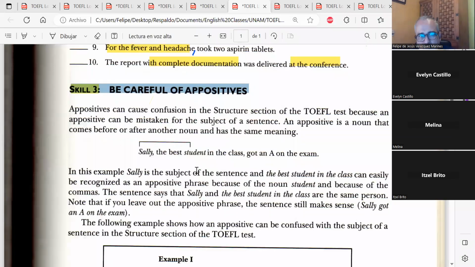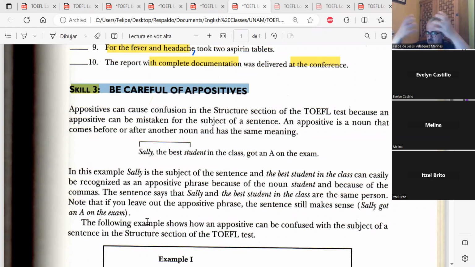For example, here we say, "Sally, the best student in the class, got an A in the exam." Grammar knowledge is cumulative, additive. This means that it sums up, it builds up. Just because we are practicing a rule right now doesn't mean we have to forget the previous rules.